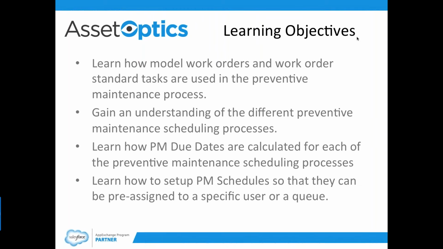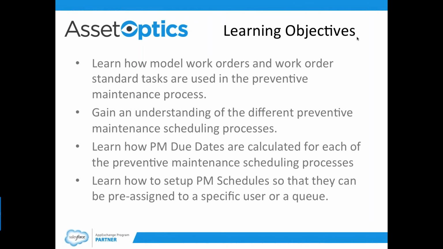We have 4 distinct learning objectives for today. The first is to learn how model work orders and work order standard tasks are used in the preventive maintenance process, to gain an understanding of all of the different PM scheduling processes that AssetOptics has to offer.